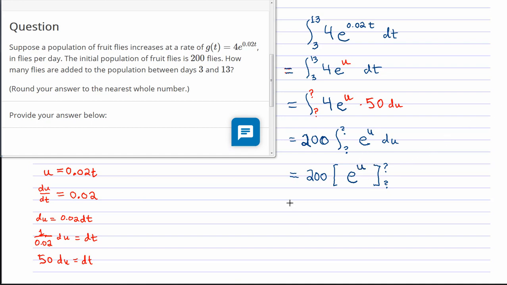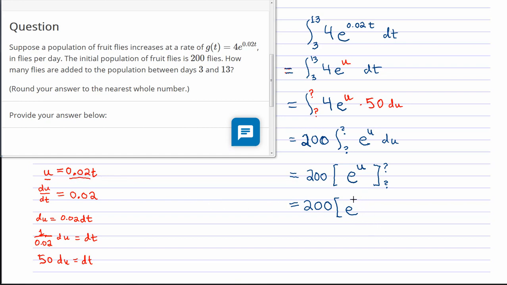And now I can't continue until I know what these question marks are. And I decided I didn't want to know what those question marks were, because I promised you we could just back substitute. So what I can do here is say, oh, well, that u, we said u was the same thing as 0.02t.